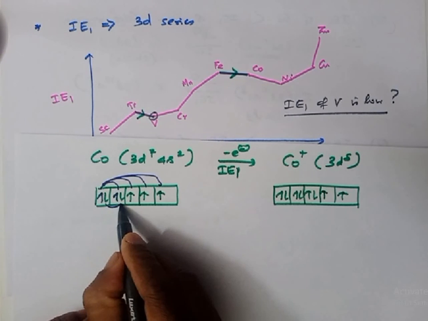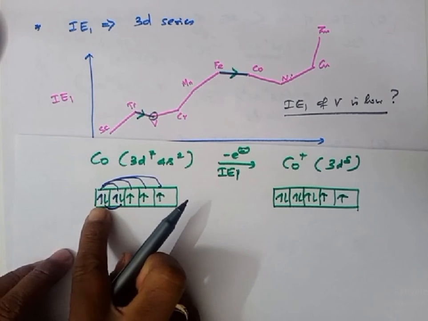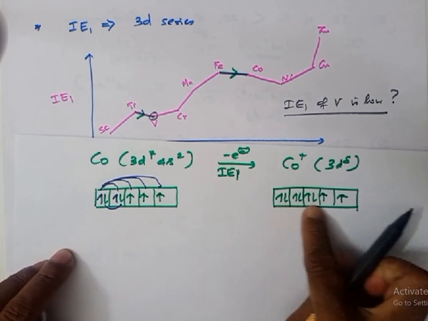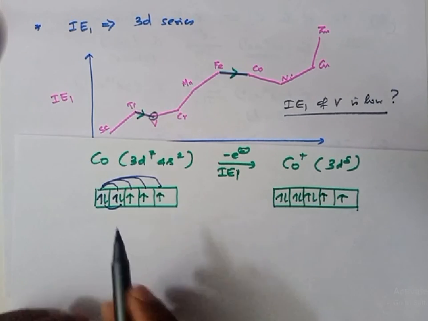Downward spin can be exchanged with downward spin. Upward spin, we have 5 here, and here also we have 5. So don't worry about the upward spin. Compare the downward spin.